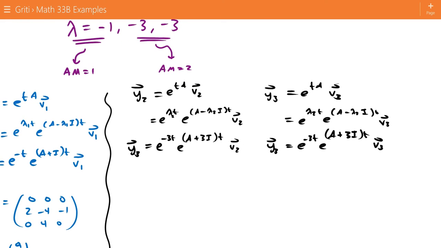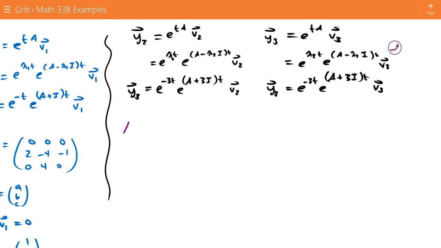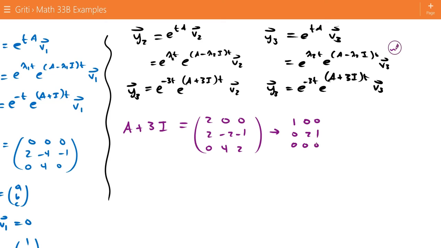So now we're going to have to expand this matrix exponential out. Let's start by looking at A plus 3I. A plus 3I equals 2, 0, 0, 2, negative 2, negative 1, 0, 4, 2. If we row reduce this to look at its null space, we get 1, 0, 0, 0, 2, 1, and 0, 0, 0.